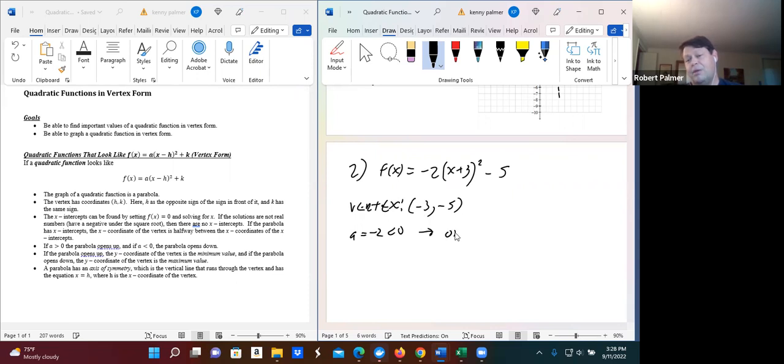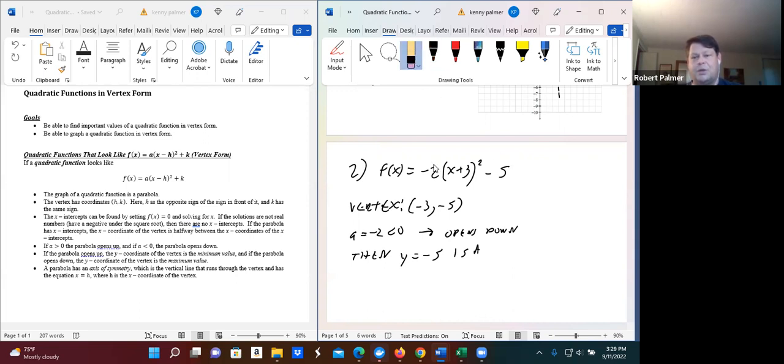That tells us this parabola opens down. Since the parabola opens down, then y equals -5 is a maximum value.